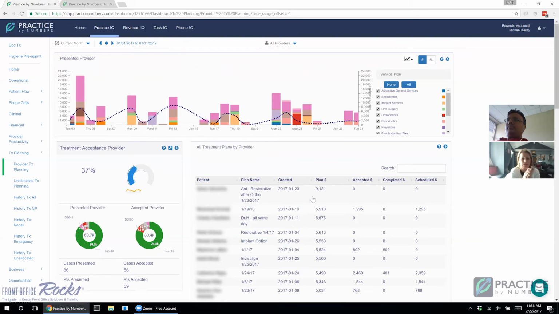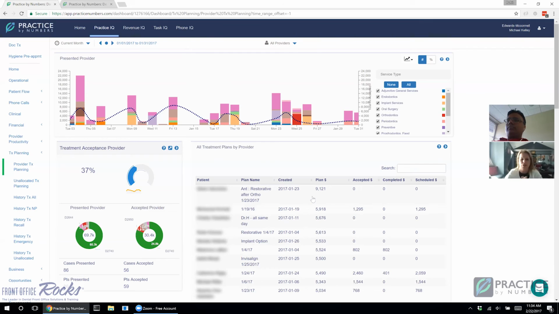I know my husband and partner get a lot of CE, and when they come back, they want to show they're getting case acceptance at a higher level and presenting more treatment. If you go to implant training, are you presenting and getting implants accepted? There's so much data in here that's going to help you on an individual level and at a higher level when it comes to running the practice.